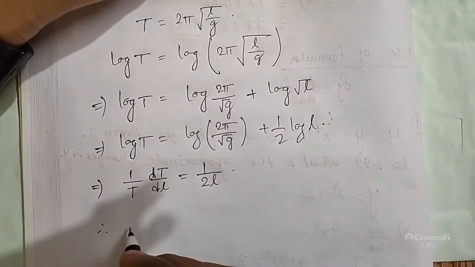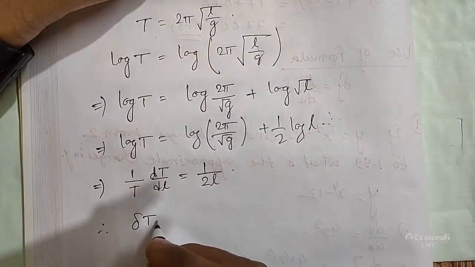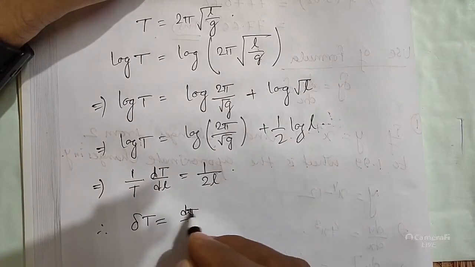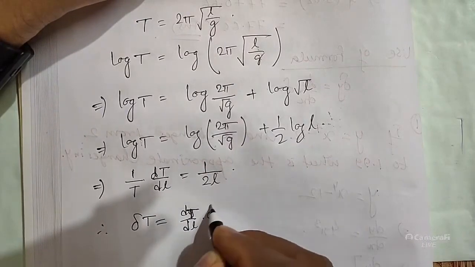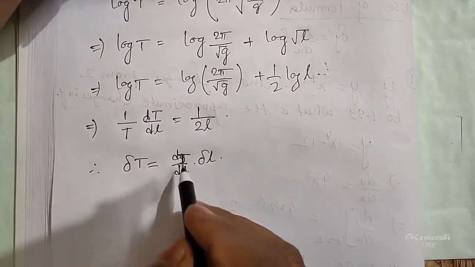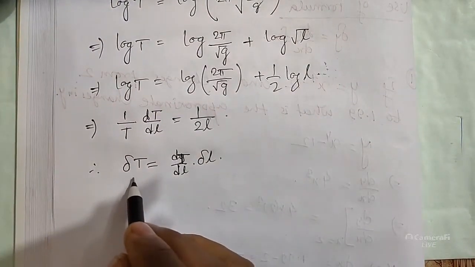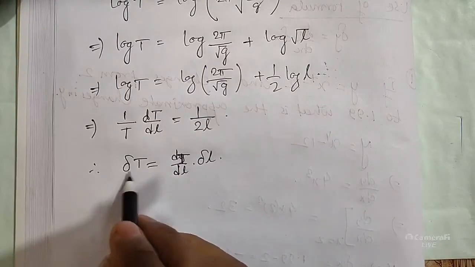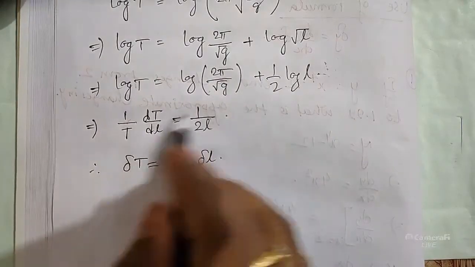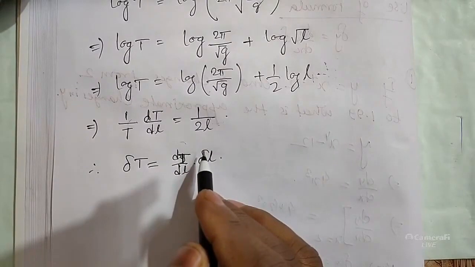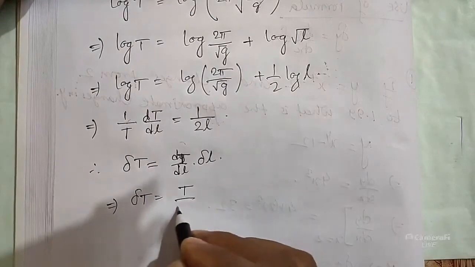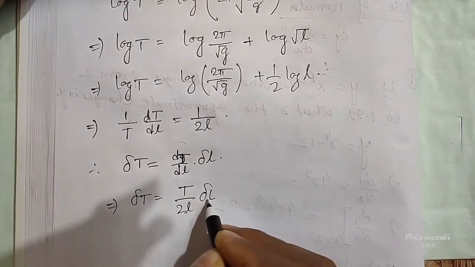That means del T is equal to dT by dL into del L. What we have to find? Change in T. So del T is equal to dT by dL into del L. dT by dL value is T by 2L. So which implies del T is equal to T by 2L into del L.